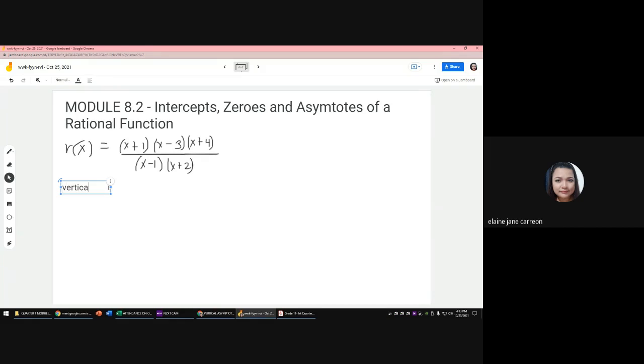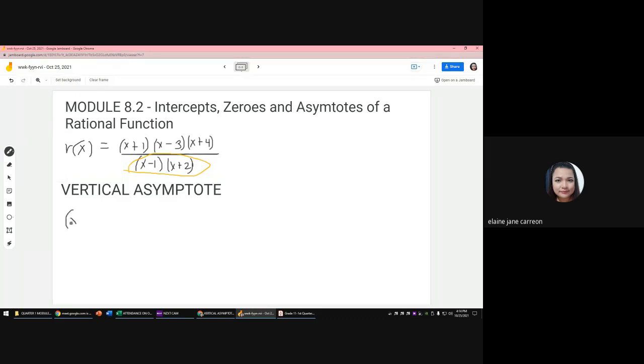So, let's find first the vertical asymptote. Okay, asymptote. So in order for us to find the vertical asymptote, we have to equate the denominator to zero. Yan. Bibilugan ko siya.